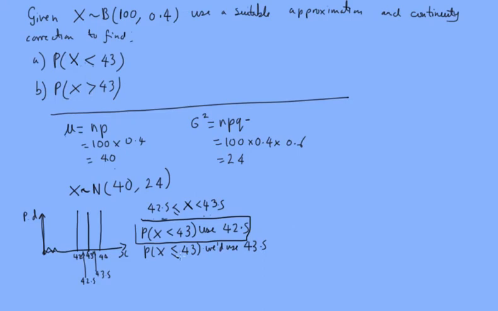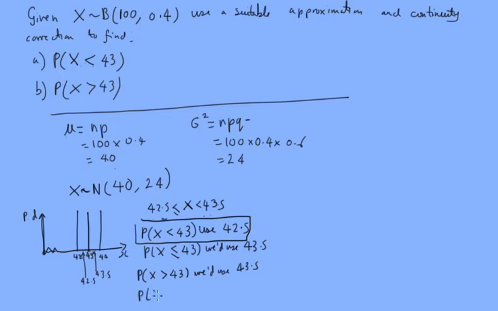For the other side of the problem, the probability that x is greater than 43, we'd use 43.5 because it doesn't include 43.